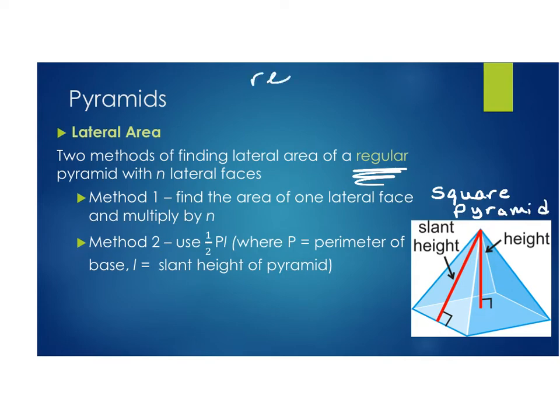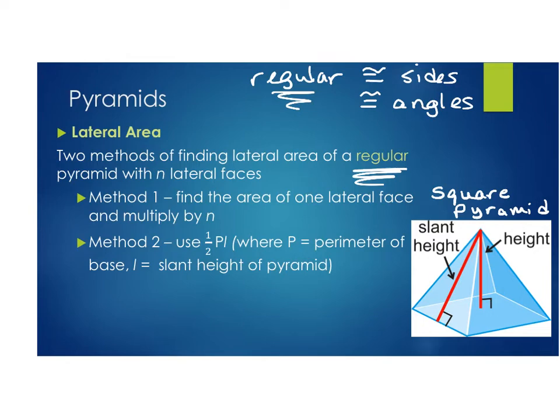Remember, a regular polygon means that we have congruent sides and all congruent angles. So all sides are congruent and all angles are congruent when we say that our polygon is regular. We could also have a regular triangular pyramid, and that would be an equilateral triangle that would serve as our base.